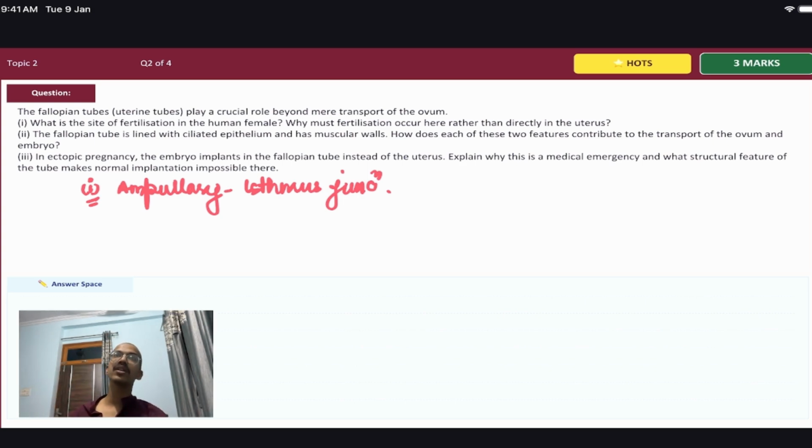Because what will happen? There is a proper time needed for the blastocyst to be formed, which takes 7 days to form. If we kept it in the uterus initially itself, that uterus cavity might do some contraction, it just goes down. There could be a contraction that could have happened because of the oxytocin levels if it has been released in the body.